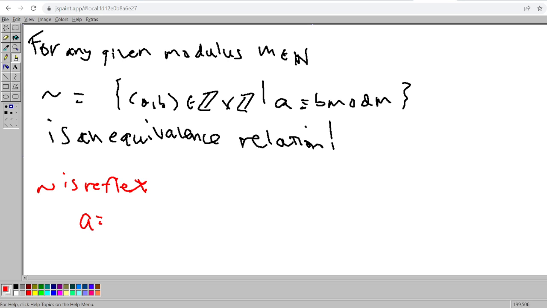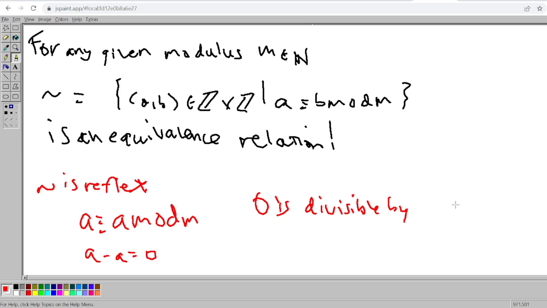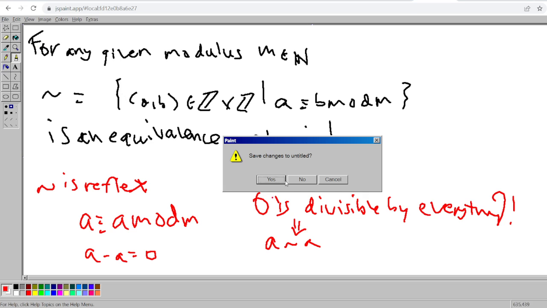Observe that we can say a is congruent to a mod m. a minus a is equal to 0. 0 is divisible by everything, which makes it okay, which implies that a is congruent with a mod m, or that just means that a relates with a. Which is cool. And then I'm going to make a new page to prove the other two.